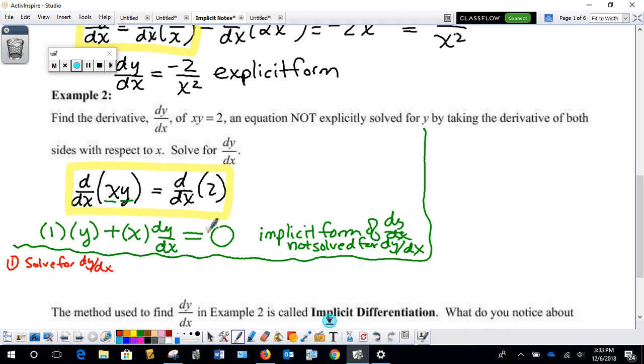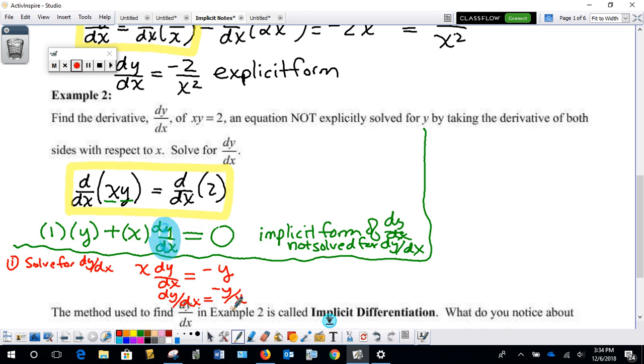If I just take my equation and isolate dy dx, dy dx is right here. I only have one of them, which is kind of nice. So I'm going to subtract y. So x dy dx equals negative y, and then dy dx equals negative y over x.